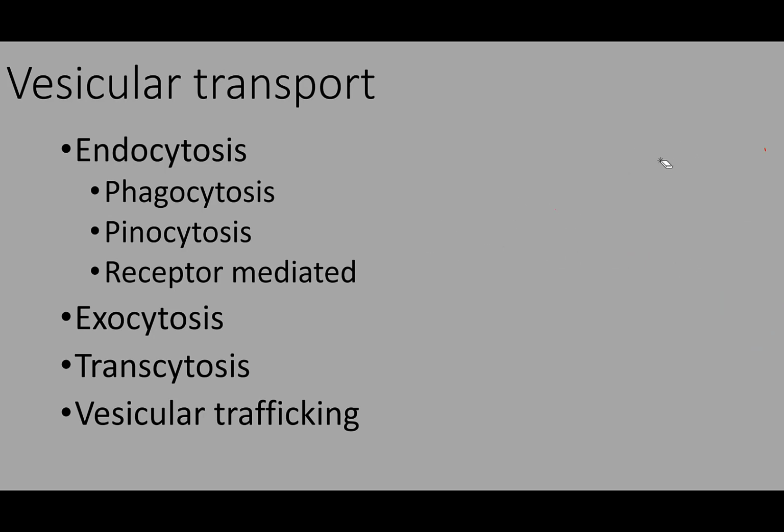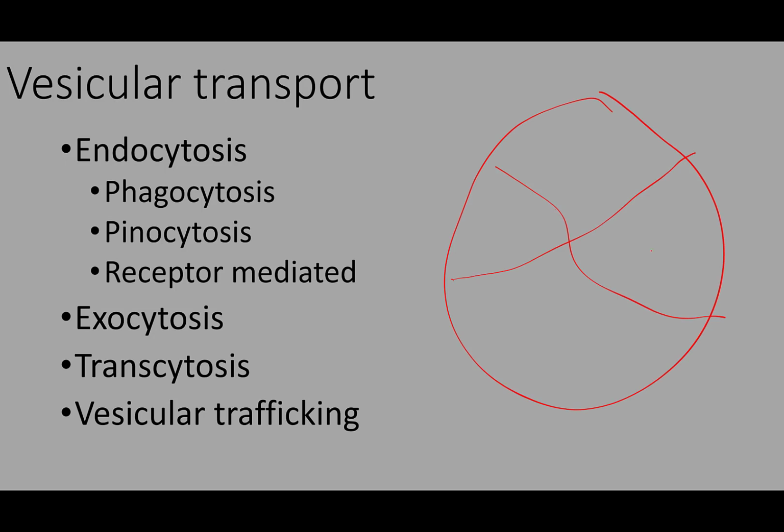And the last thing on this slide, vesicular trafficking. If we looked at a cell and we saw all of these vesicles moving around, it looks like they're moving around very haphazard. But they're not. Inside the cell, there are actually, it almost kind of looks like train tracks or roadways or something like that.